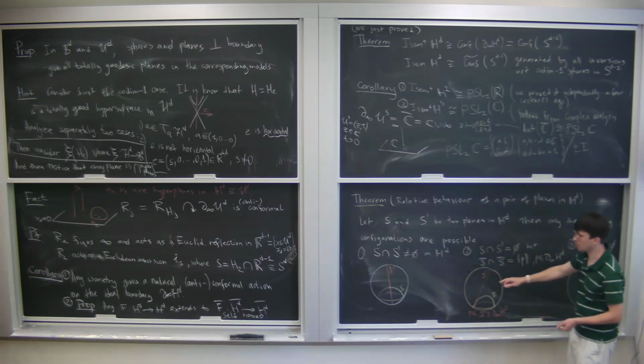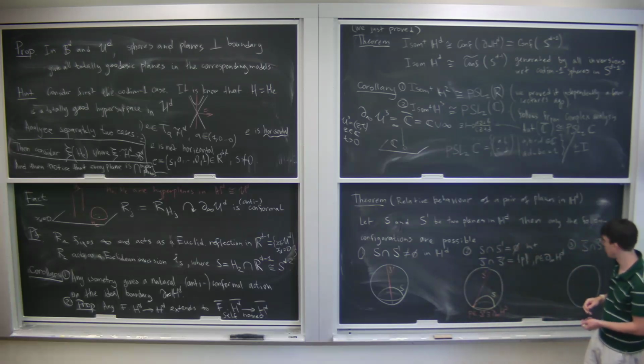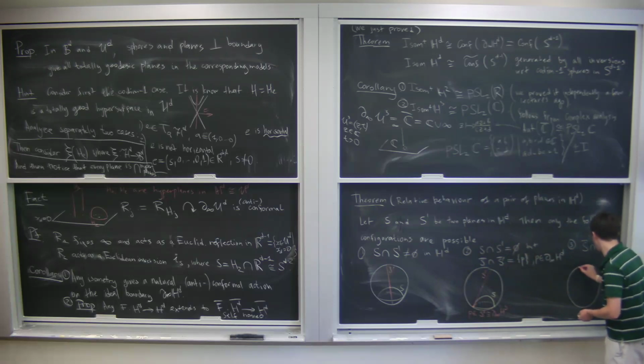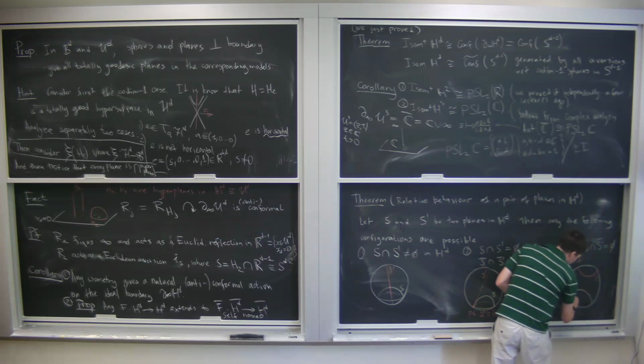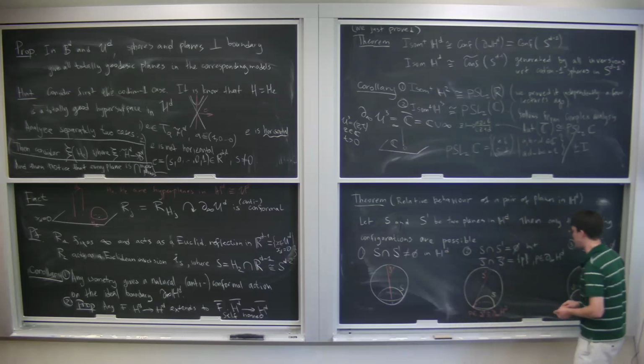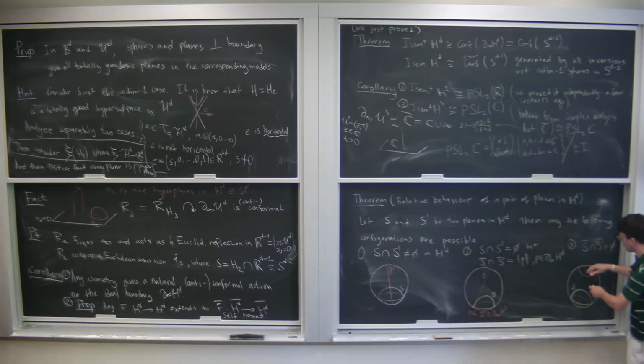It's like a three-dimensional picture. And another case is this. I have a geodesic plane S prime, and I have a geodesic plane S, and they do not intersect even on the boundary, even their compactifications do not intersect.